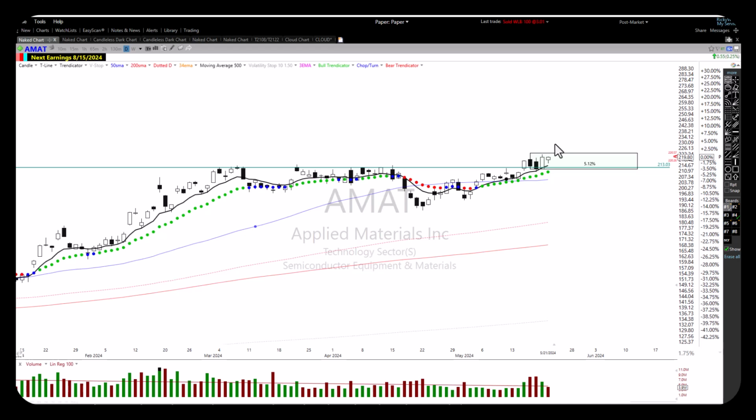But we always come up with these little things, right? And I've come up with a little thing. Why is it holding here? Well, in my mind, it's holding here because the bulls, the smart money, sees it going higher. That's why they buy it right here. That's why it's holding up.